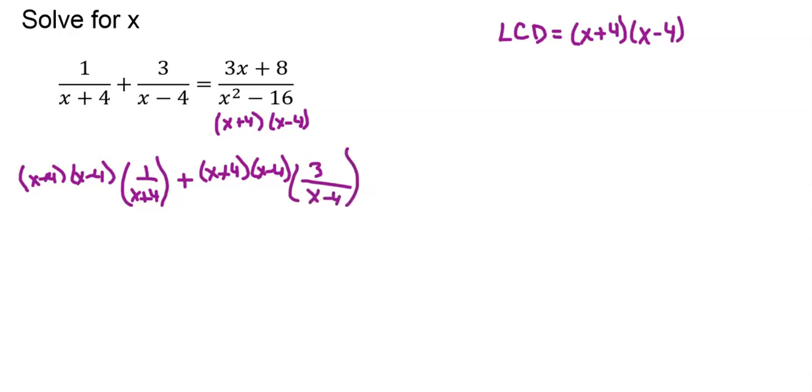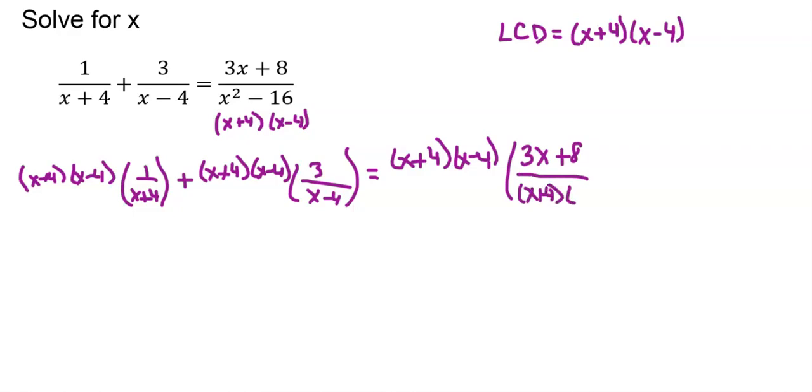And we'll multiply x plus 4 and x minus 4 times the fraction on the right. And I'm going to go ahead and write it as 3x plus 8 over x plus 4 times x minus 4 because that's what that denominator factored into.